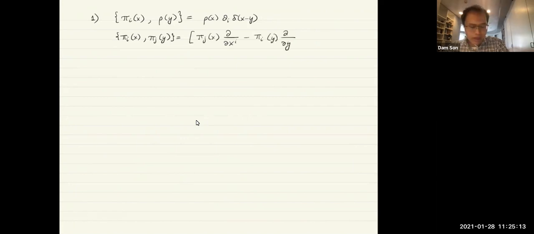I'm writing this with a little bit of a random choice of notation. In fact, this d over dy can be exchanged to d over dx, since the derivative of the delta function with respect to y is minus the derivative with respect to x. And I chose to write this second commutator that way to make sure that it's anti-symmetric under exchange of (i, x) with (j, y).